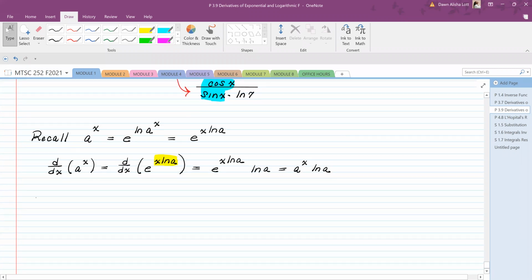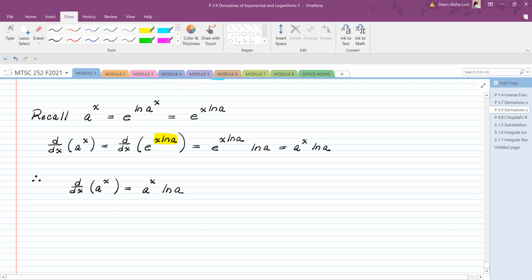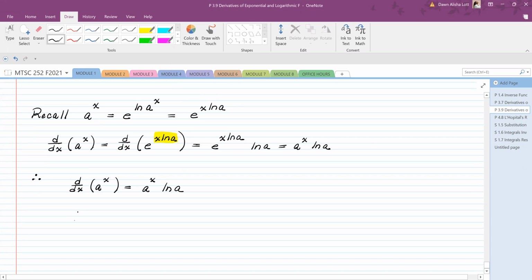So therefore, we get two more rules: the derivative with respect to x of a to the x is a to the x times the natural log of a, and the derivative with respect to x of a to the u of x is equal to a to the u of x, natural log of a, times du dx.